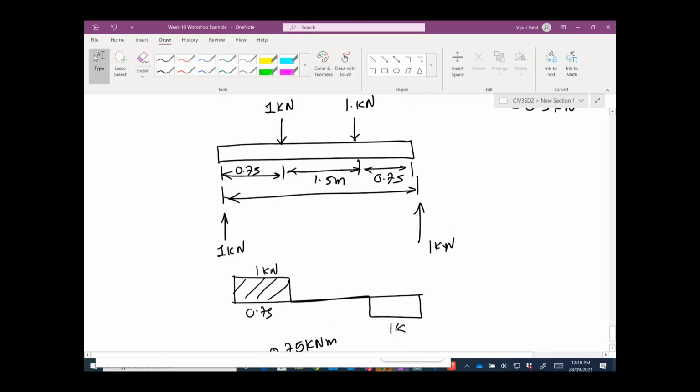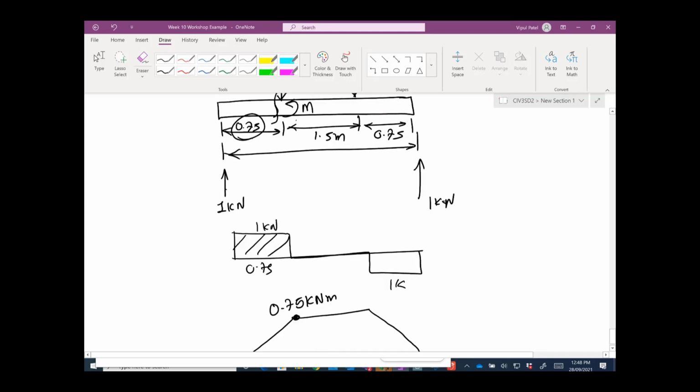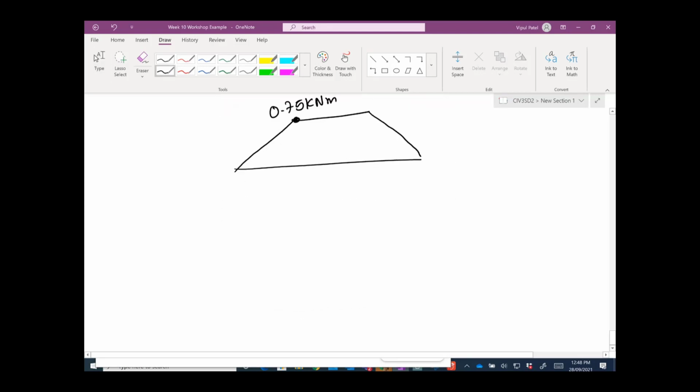If you really want, you can take a cut here and find the moment, 1 times 0.75, force times distance. So for load case number 3, we have 0.75 kilonewton meters.